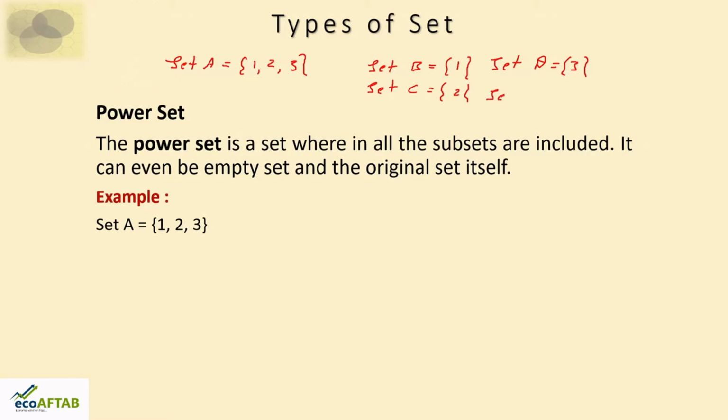Similarly, I'll write set E. Here I'll write 1, and similarly I'll write set F. Here I'll write 1 and 3 and so on. So these different sets are examples of subsets.